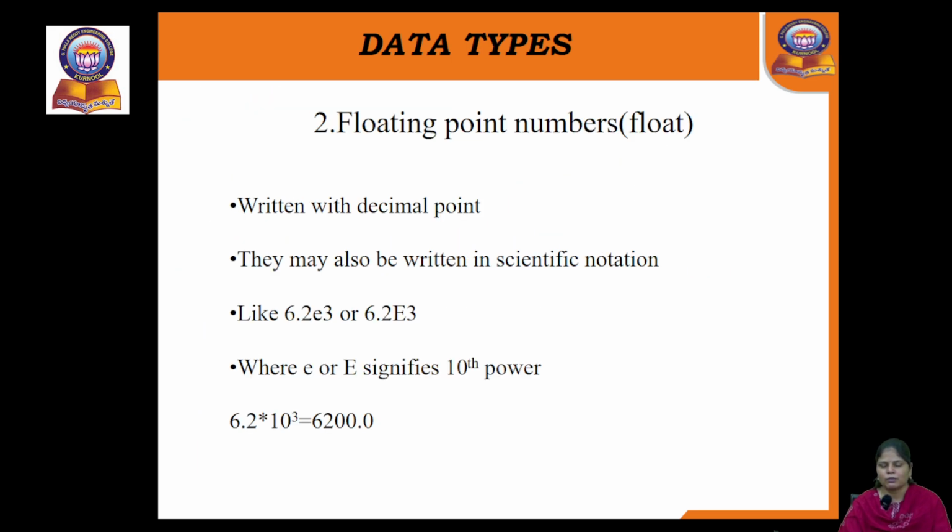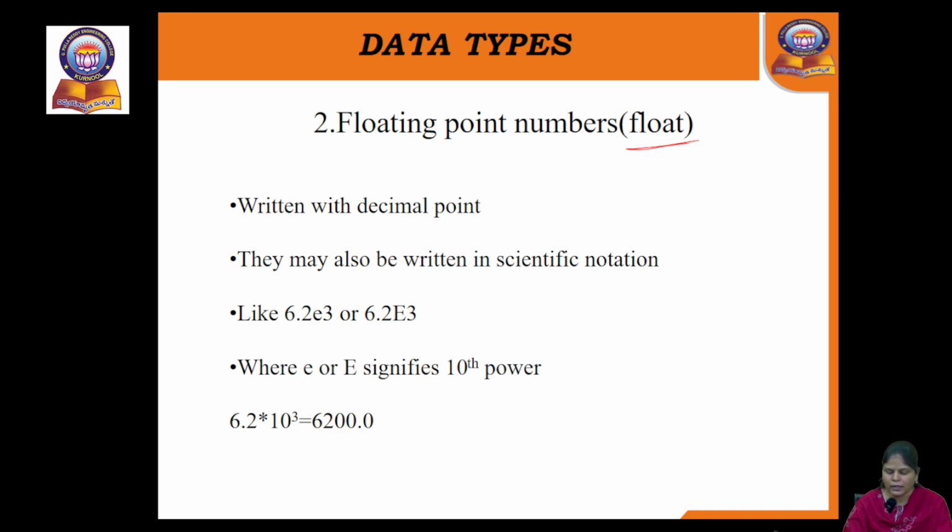Coming to floating point numbers, the other form of numbers. Without decimal values, we call them integers. With decimal values, we call them floats. Whenever we have values in the form of decimals, we call those floating point numbers. The notation is float.